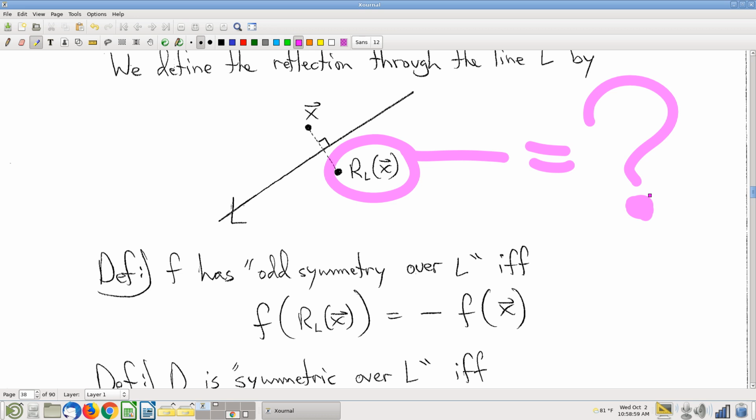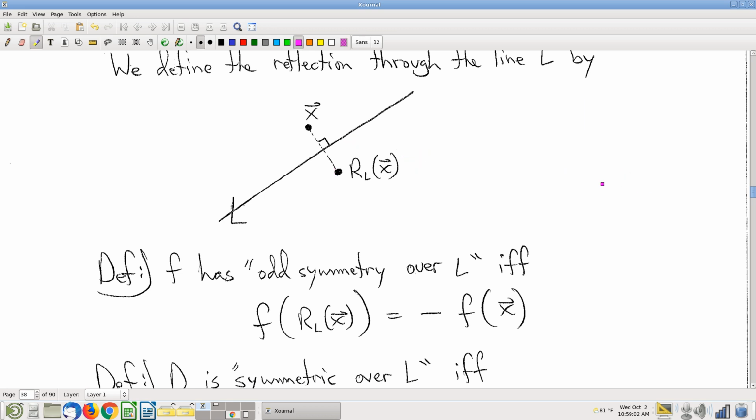Most of the time, we're going to pick a line over which the formula for the reflection is geometrically evident. And we'll see some examples. It's going to turn out that these reflections are usually pretty clear. Okay. So that's what it means for a function to have odd symmetry.